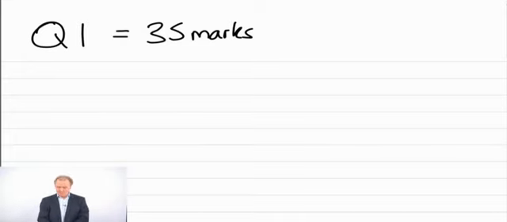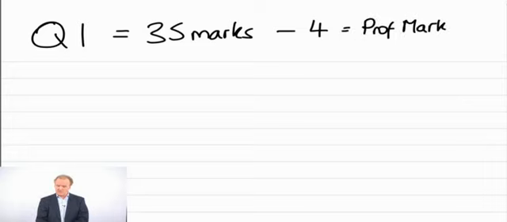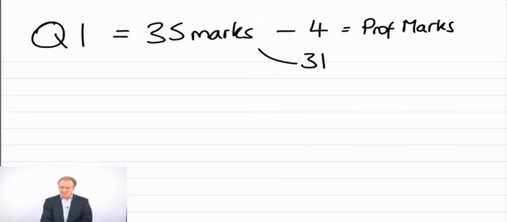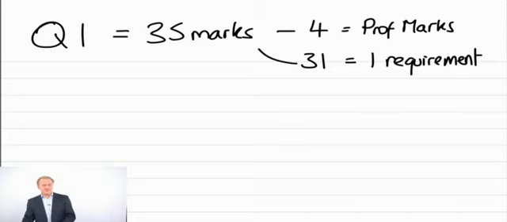There will be 4 professional marks, usually all in question number 1, and often the other 31 marks, when we first look at it at least, appear to be one requirement. You read the requirements and it simply says respond to the partner's email, which means reading the requirements doesn't really help us because we've got to go and find the partner's email to see what the partner wants.